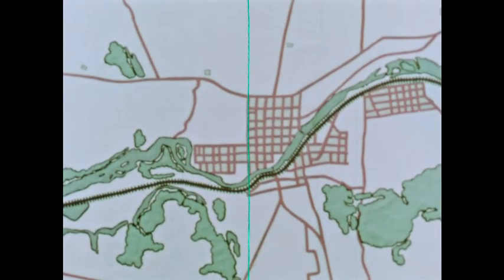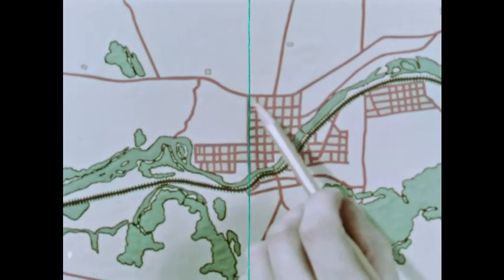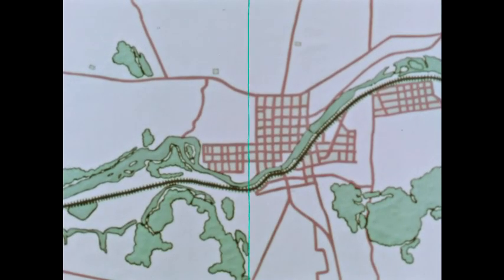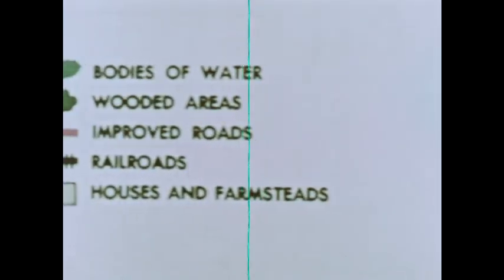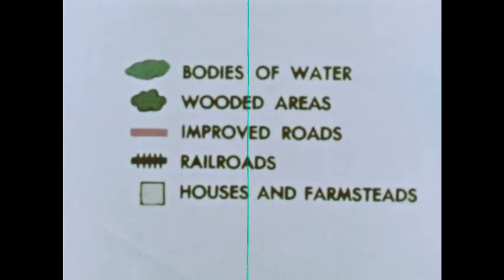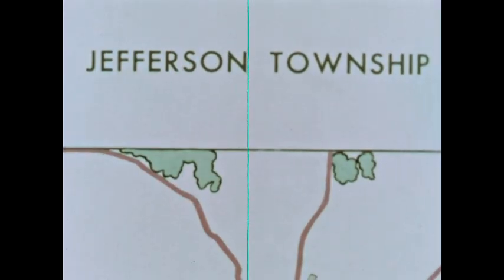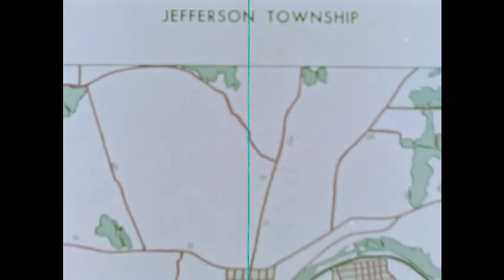This tells us that the top of the map is north. So we go north and west to the lake. Besides the direction sign and the scale, there's something else to read. This is the legend, telling us the meaning of the signs on the map. And finally, we read the title, telling us what part of the world is shown on the map.